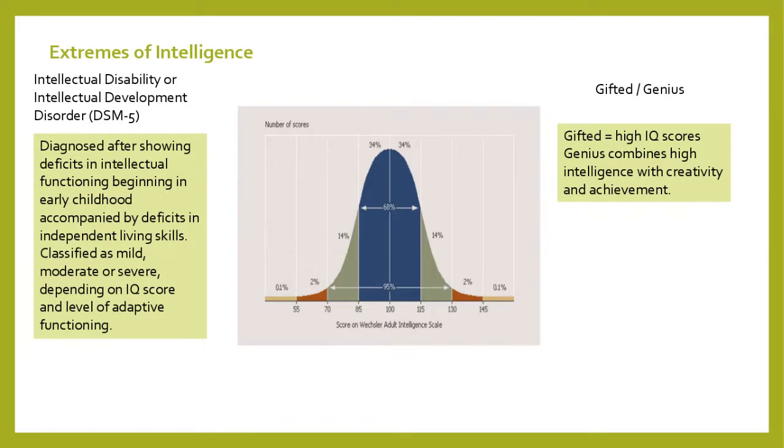So a normal population score around intelligence sits a bit like that bell curve. The majority of your population sit somewhere in that middle section, but it can tail off. And when you test somebody, if they measure to the extreme left, they could be classified as having an intellectual development disorder, or to the extreme right, they could be gifted or genius.